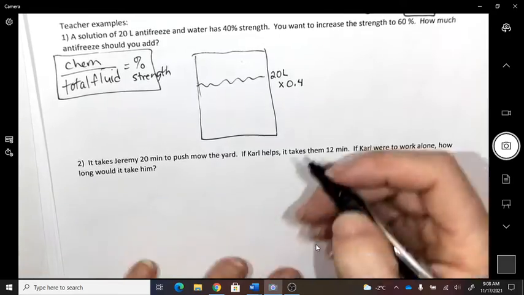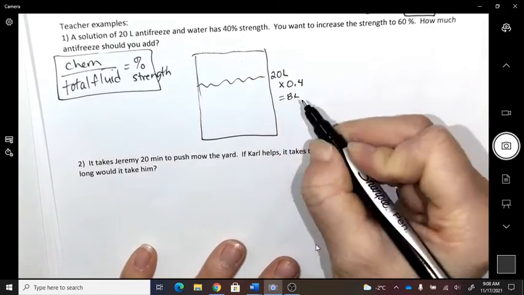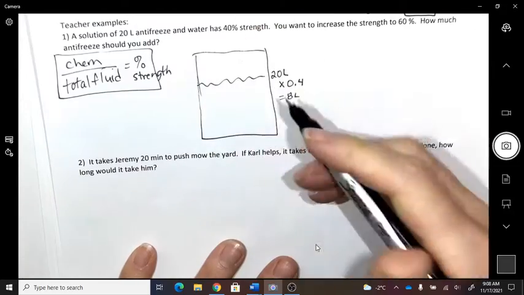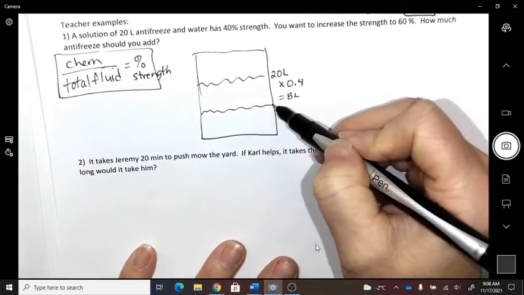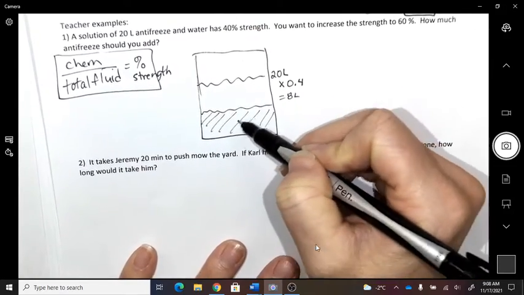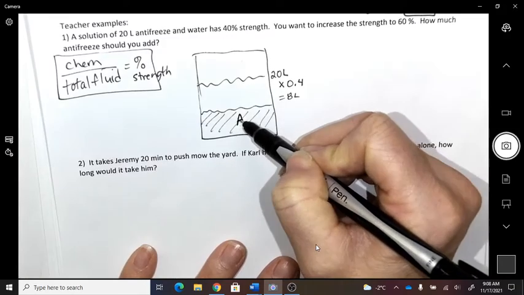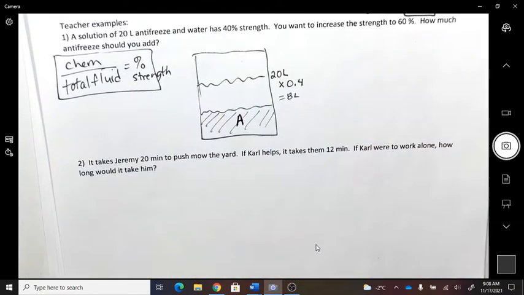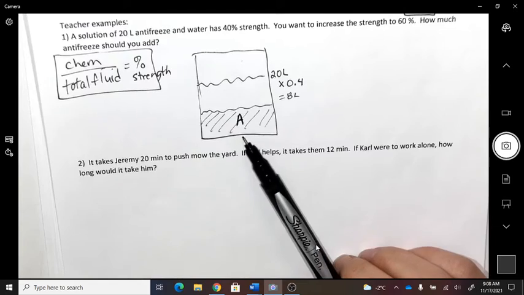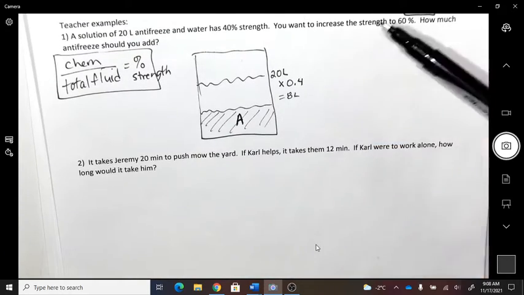Okay, so that equals 8. So right now, this is the jug. 40% of it is made up of antifreeze right now.